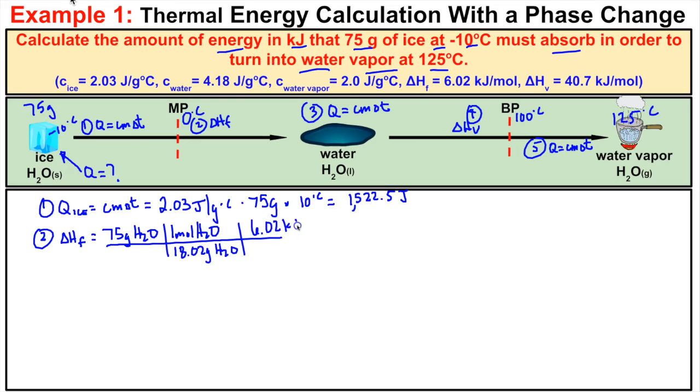This is going to be positive 6.02 kilojoules because our ice is melting, so it's absorbing energy, and our sign should be positive. When we put this in our calculator, 75 divided by 18.02 times 6.02, we're going to end up with 25.1 kilojoules.